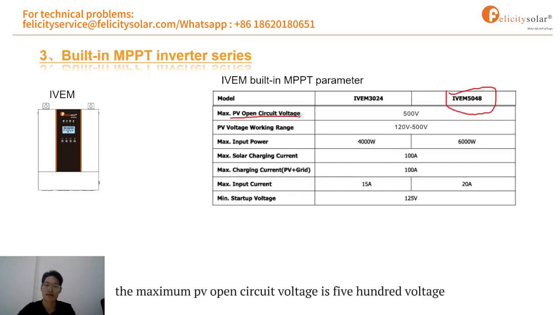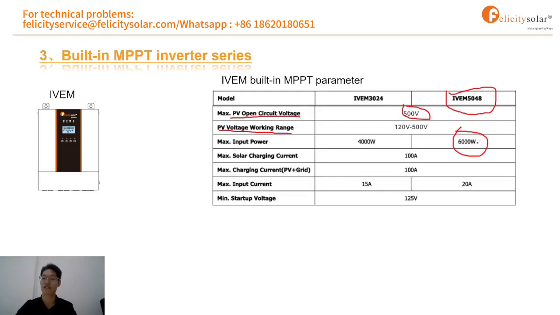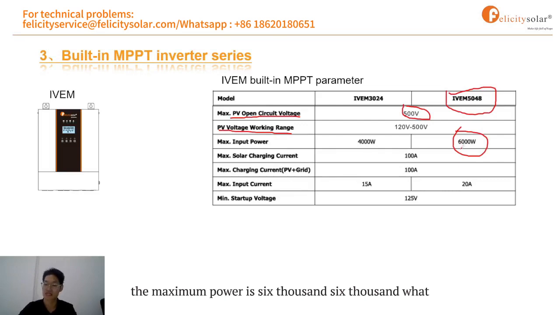The maximum PV open circuit voltage is 500 voltage, and the PV working range voltage is 120 to 500. For the different voltage and the different current, the maximum input power will be different too. For the MPPT built-in IVM 5048, the maximum power is 6,000 watt.